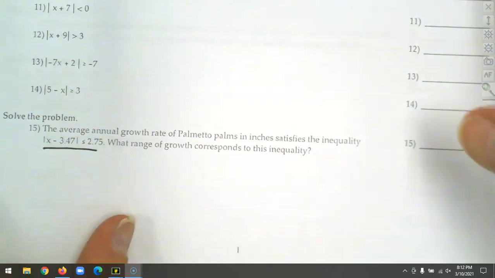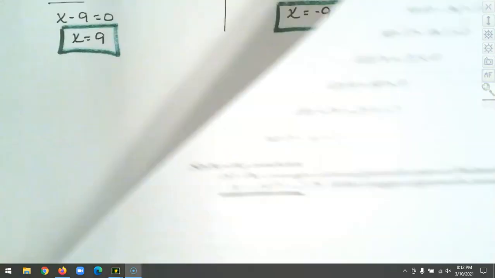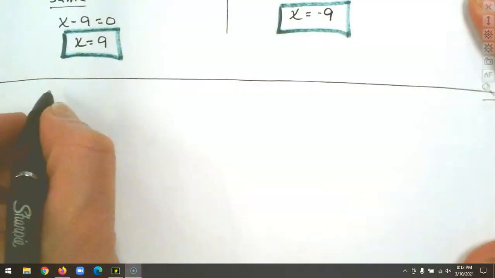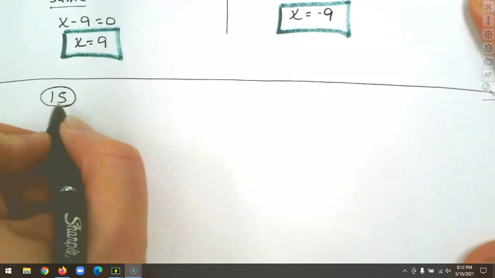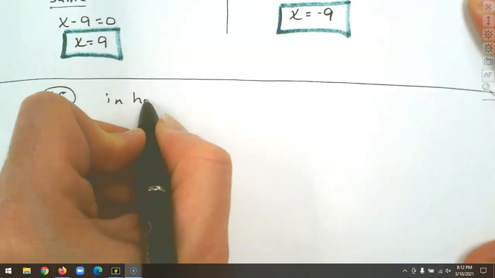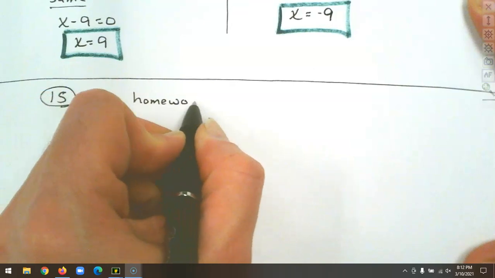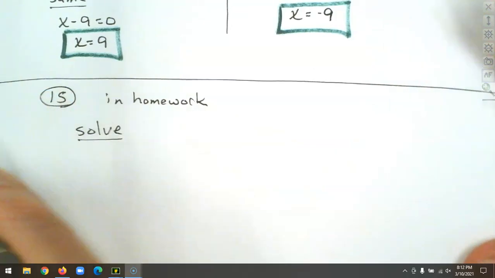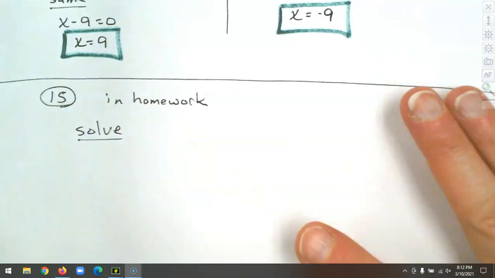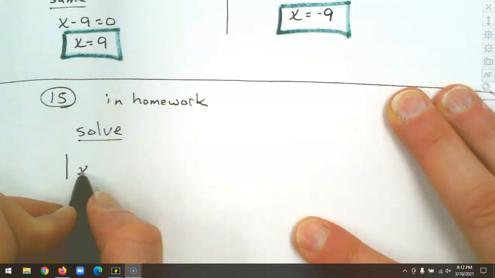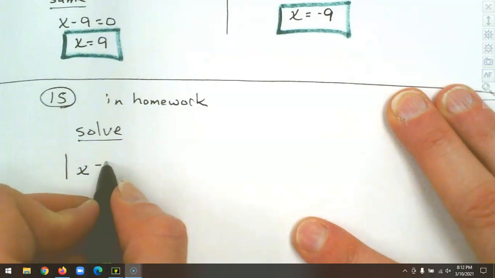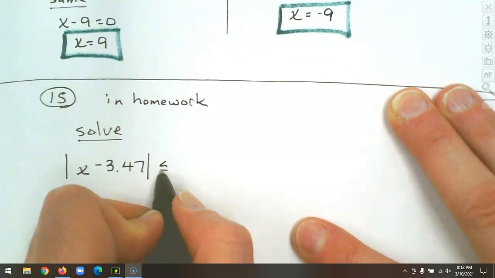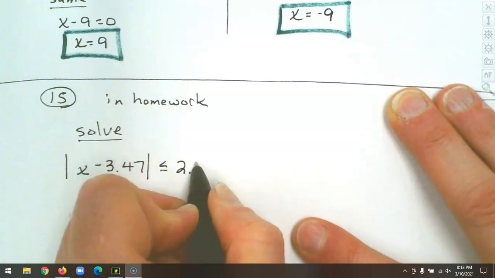So for question 15, I'm not going to work it out for you completely, but all you need to do is solve this inequality. So all you have to do is solve the absolute value of x minus 3.47 is less than or equal to 2.75.